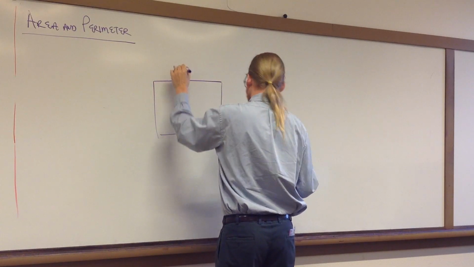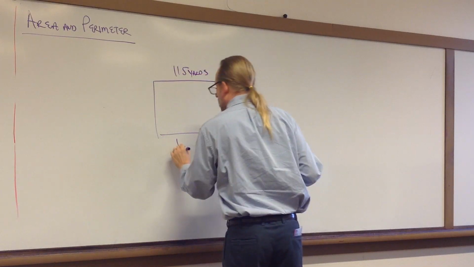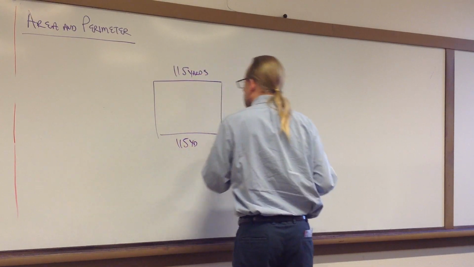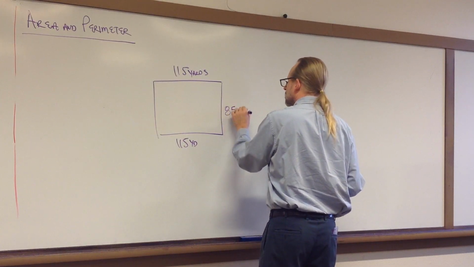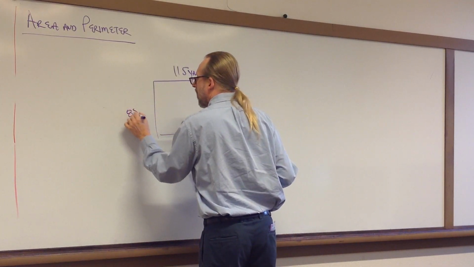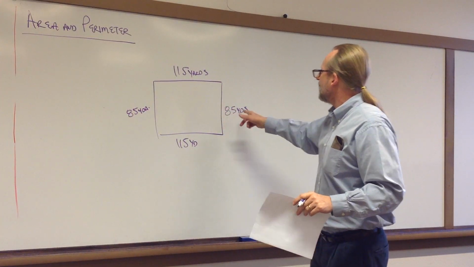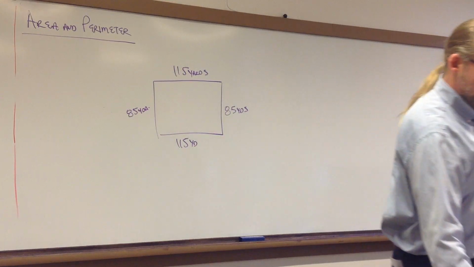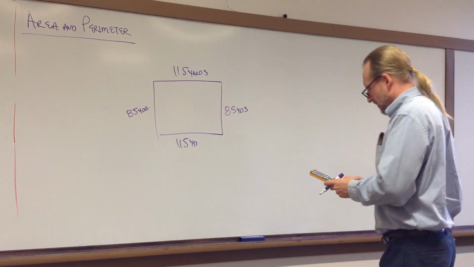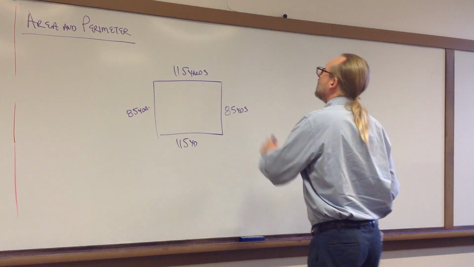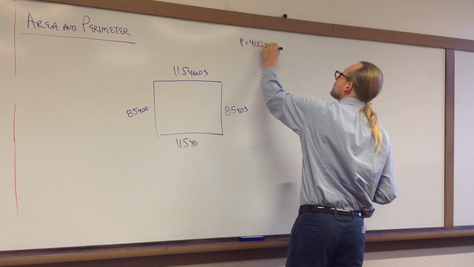Oh, there's 115 yards. 115 yards and by 85 yards. Okay, so this is 230. That's 170. That should give us a perimeter of 400. Yep. So our perimeter here is 400 yards.